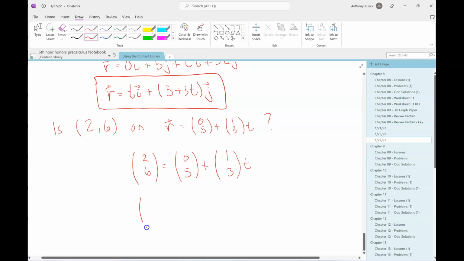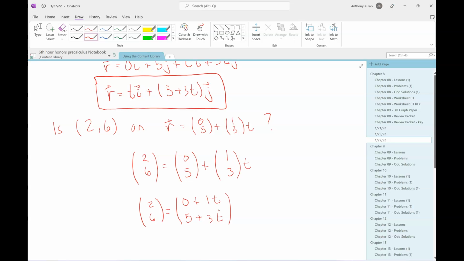And then we're going to do the vector operations on the left. So if I do the scalar multiplication with t and then add the vectors, I would get the vector 0 plus 1t and then 5 plus 3t.